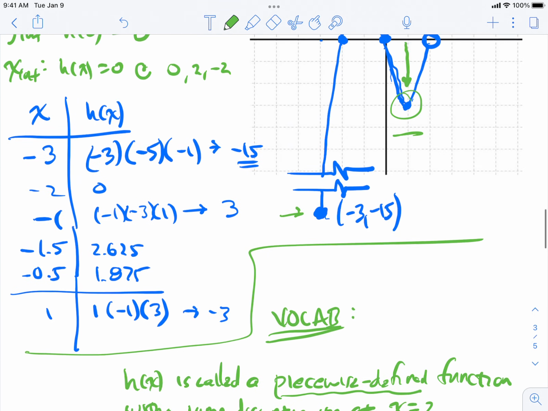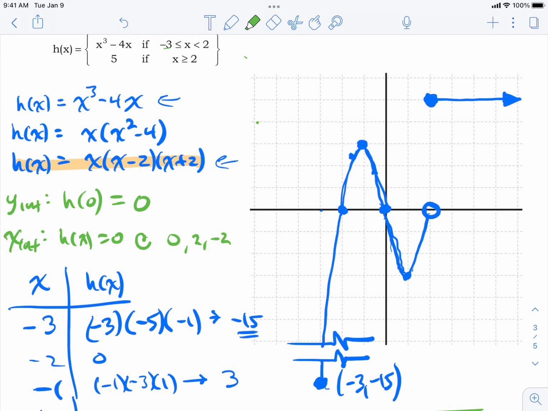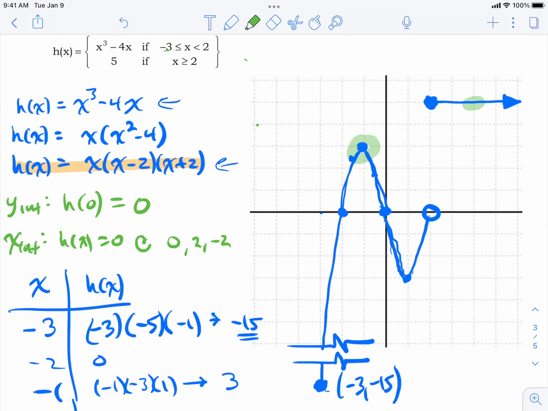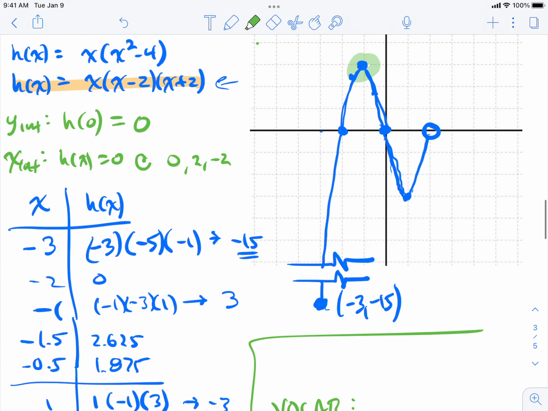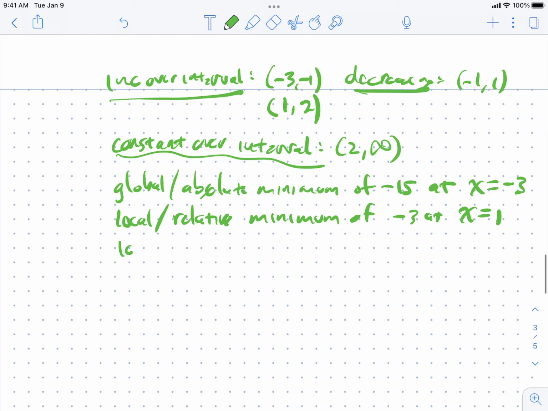Okay. So we've got the absolute minimum right there. We've got this local minimum right here. Here, well, you wouldn't call this the global maximum because we got higher output over here. But it is a local or a relative maximum. So let's put that one next. A local or a relative maximum of, and remember the coordinates of that point were -1, 3.